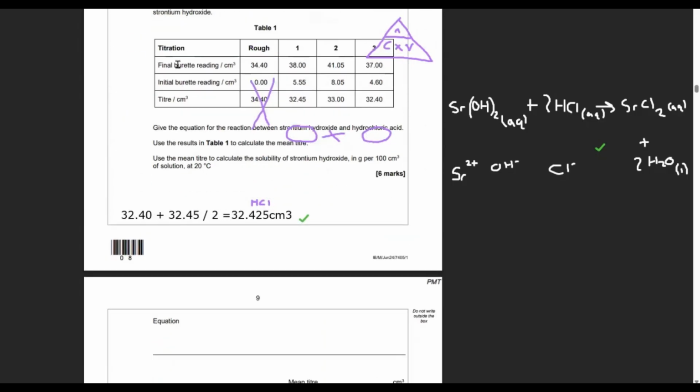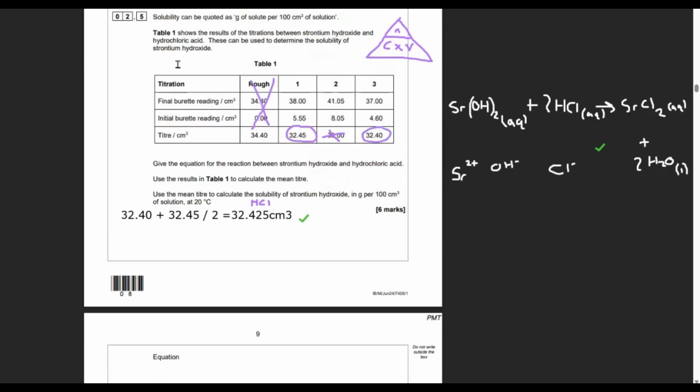So let's scroll back down. I didn't want to delete all my bits. So we've got 0.1, so the concentration equals 0.1 mol dm minus 3, and our volume is obviously 32.425. Now that's centimetres cubed. Notice there's a clash.